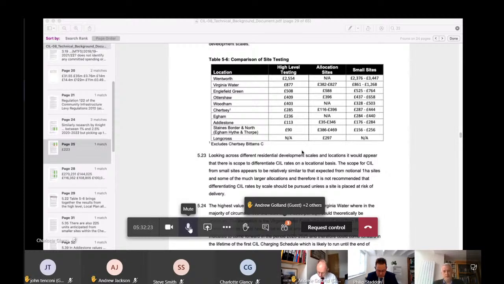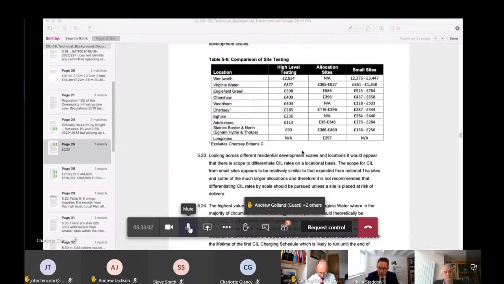And then it's basically, should each of those sub-markets be a charging zone in its own right, or are the numbers between some of the sub-markets so similar that they should be in the same charging zone? That obviously means we have fewer zones than sub-market areas, which is the balance between optimizing CIL receipts and reducing the level of complexity of the CIL charging schedule and zones.